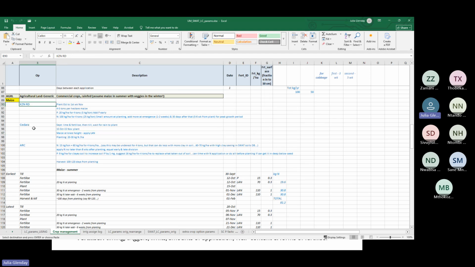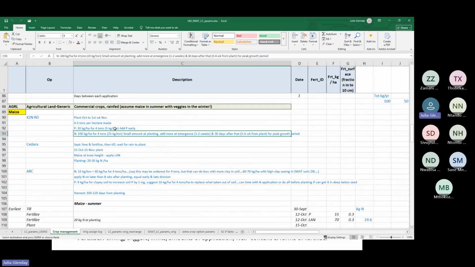I found some guidance from the KZN Rural Development Department, from SIDARA, and the ARC, Agricultural Research Council, on maize, for example, and there are different suggestions on how many tons per hectare of fertilizer, and the nitrogen and phosphorus contents, and when, sorry, I probably can't read that. Let me zoom in a bit. When to apply fertilizers at different times, when to plant, etc. Because we had to tell the model when that's happening for the crop types.